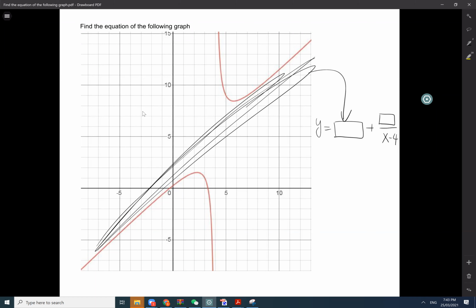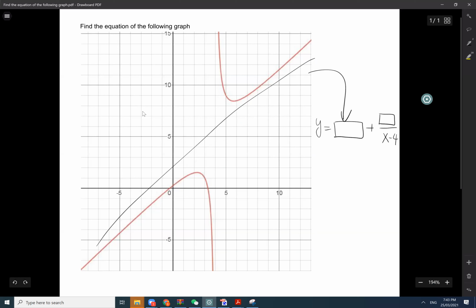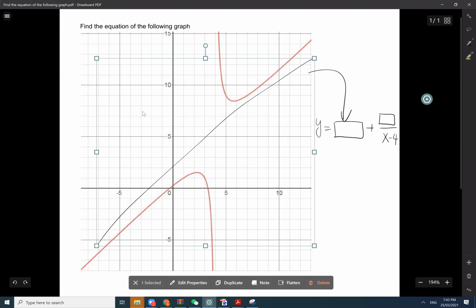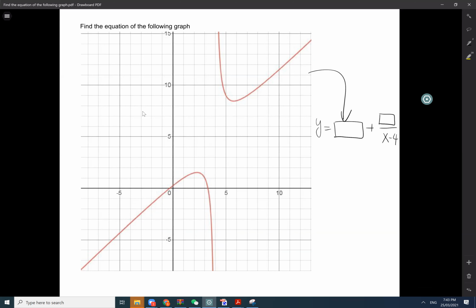Okay, if you can find the equation, sketch it. Yes, a good way is to sketch x equals 4 first. I feel it passes through this point.